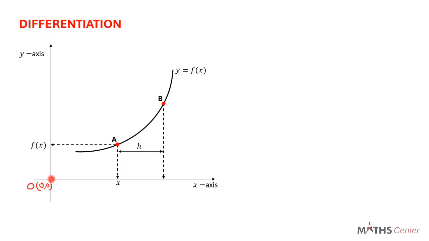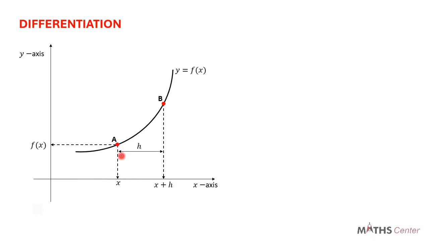And we know that from the origin to this point is x, right? And we are saying that the horizontal distance between point A and point B is h. That means that the x-coordinate here will be x plus h. It will be the distance from the origin to x plus the horizontal distance between A and B. So that will be x plus h.